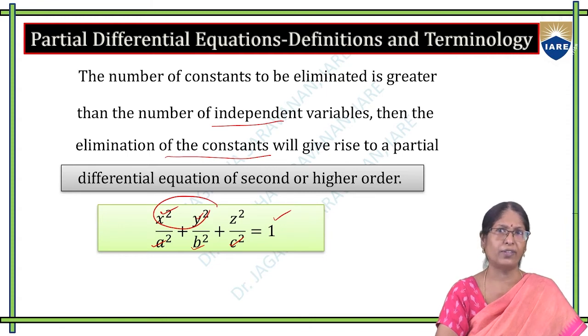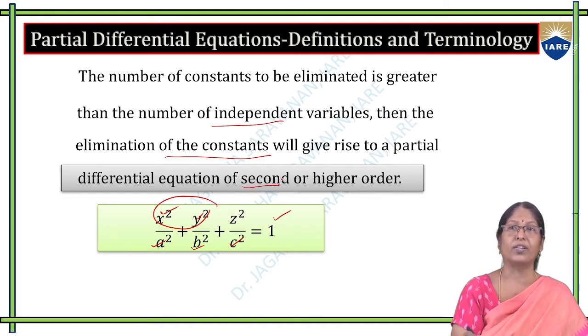In such cases, in the earlier one we discussed, we stopped. We did only first order, and the constants were removed. Whereas now, two independent variables but three constants gives an indication that we have to move towards second order also.